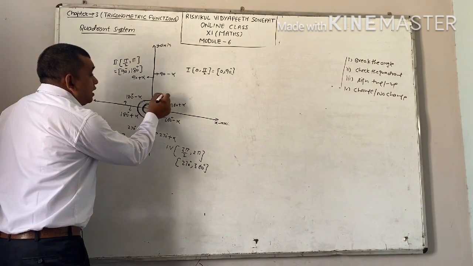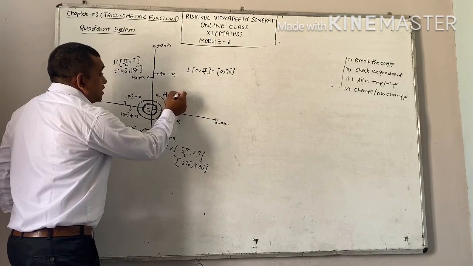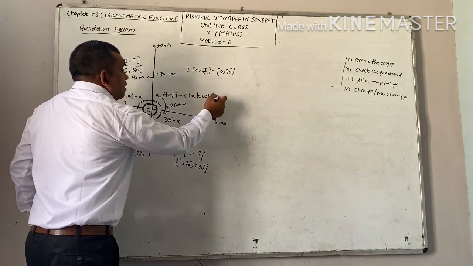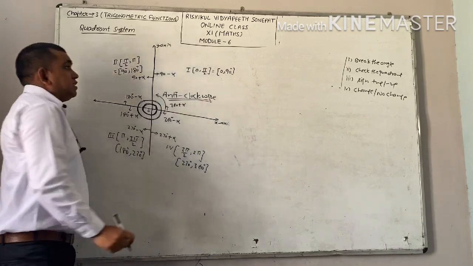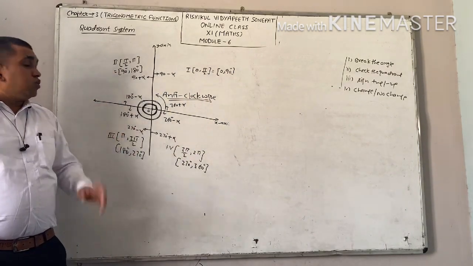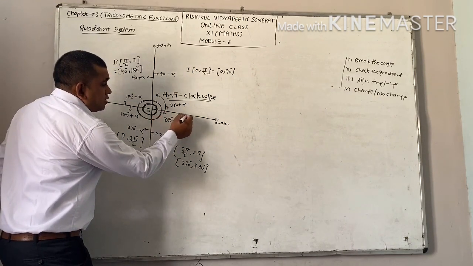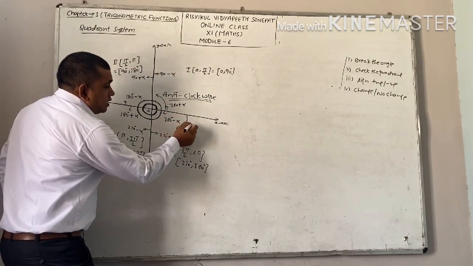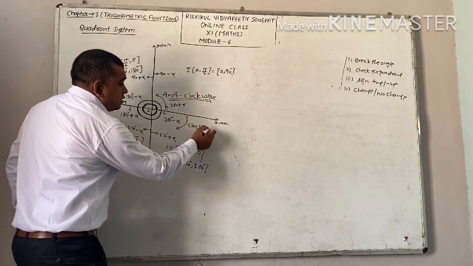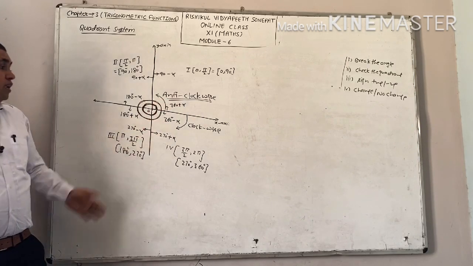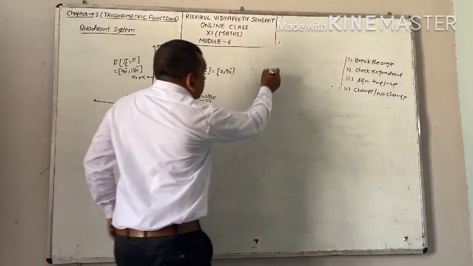Because we are moving in anti-clockwise direction, and in anti-clockwise direction, all values are positive. Suppose we change the direction. Now I am changing the direction. This direction is clockwise. Now all values will become negative. You can see here.